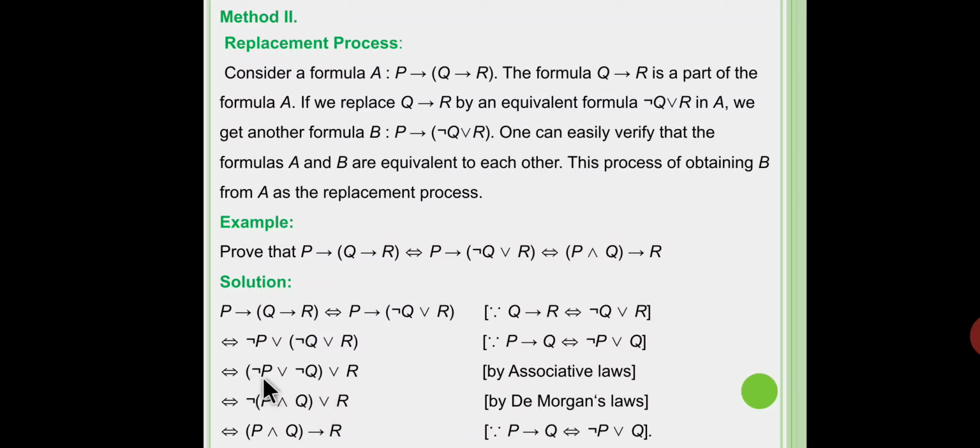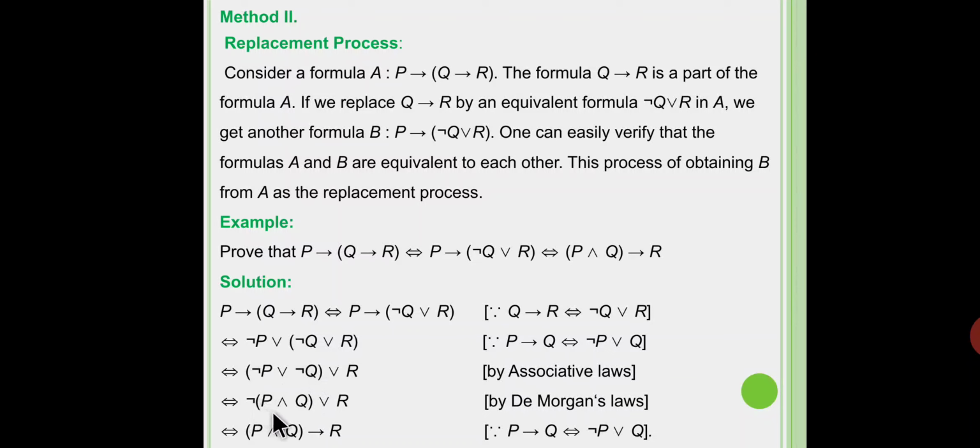Now by De Morgan's law, what is De Morgan's law? Negation of (P and Q) is equivalent to negation P or negation Q. So in place of the RHS of De Morgan's law, we replace the LHS.